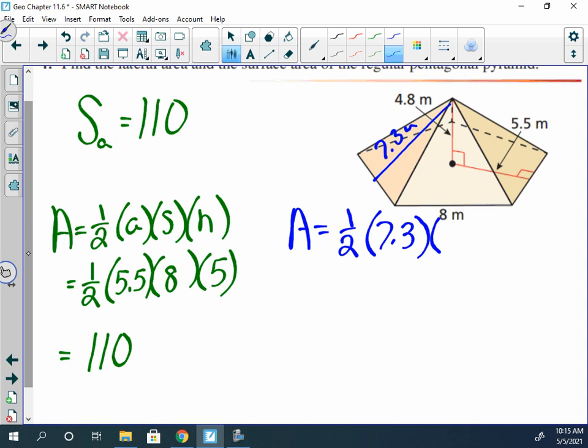And then we would have the perimeter, or we can say the base length times the number of sides. Either one would work. So the base length would be 8, and the number of sides is 5. It's nice it worked out evenly.